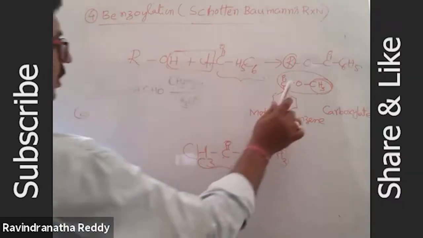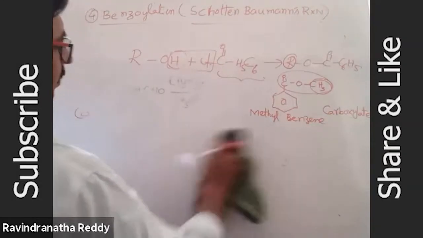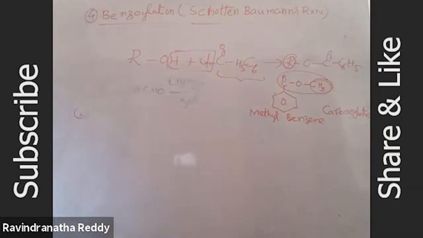Here the nomenclature is different. This is benzoylation. Any doubt here? Schotten-Baumann reaction. So alkylation, acylation, benzoylation, acidic nature completed.